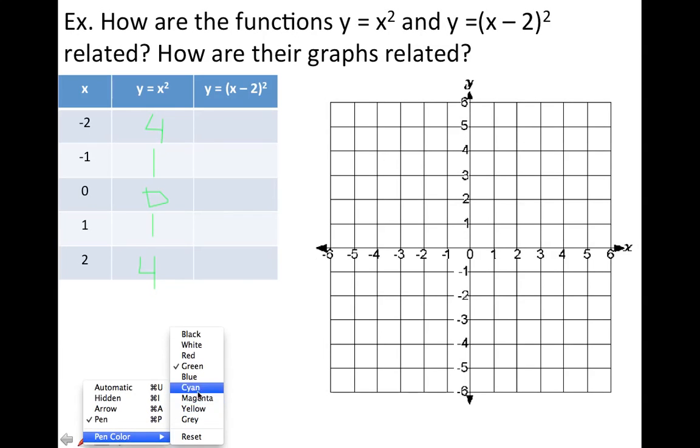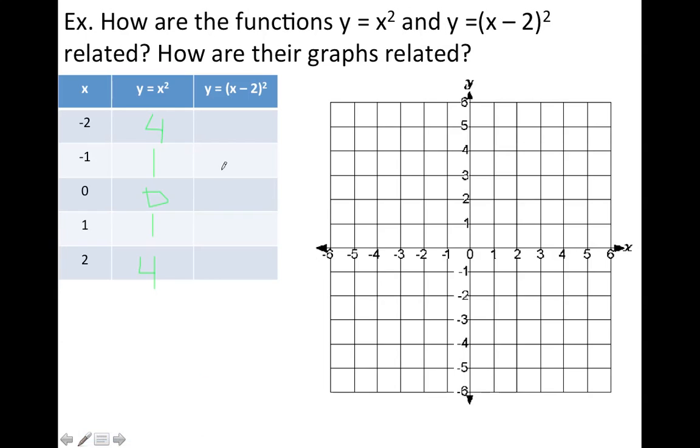And let's do black. We'll do 16, 9, 4, 1, and 0.